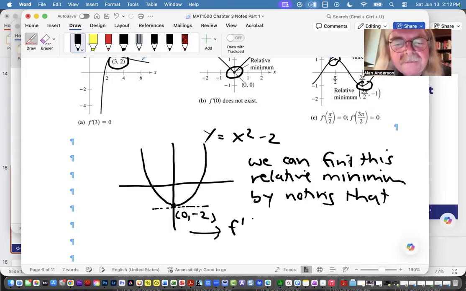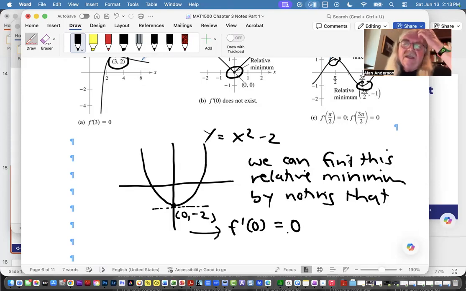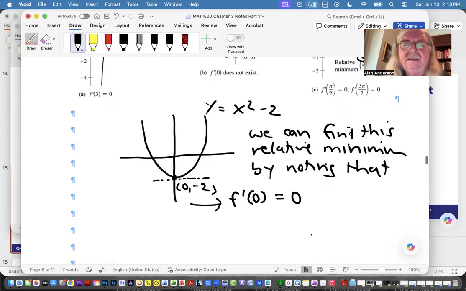F prime of 0 is 0. In other words, if I take the derivative of this function at this point, it'll have a slope of 0. Because remember, the first derivative is just telling us the slope of the tangent line at that point. So I'm looking for the one specifically where the slope is zero. So here's what we'll do.